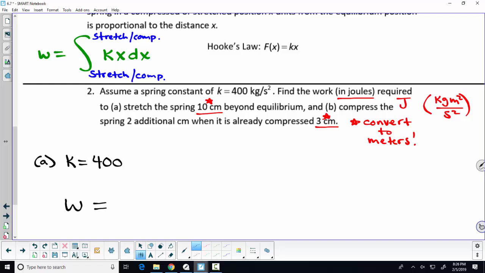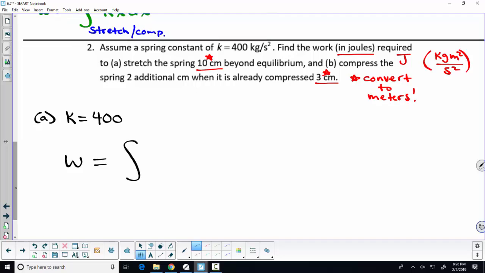Okay, if we're stretching the spring 10 centimeters beyond the equilibrium, it's starting at equilibrium, which is an x value of 0. And since we're stretching it beyond equilibrium, it's positive. So 10 centimeters, 0.1 meters. That's how we deal with the stretching and compressing in the bounds.